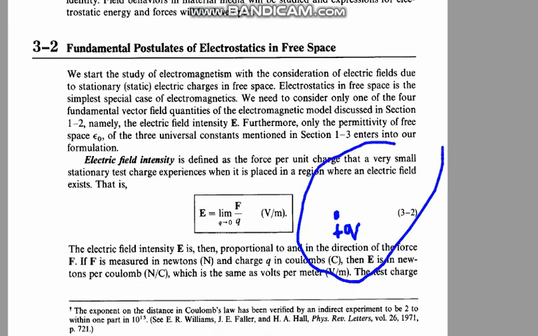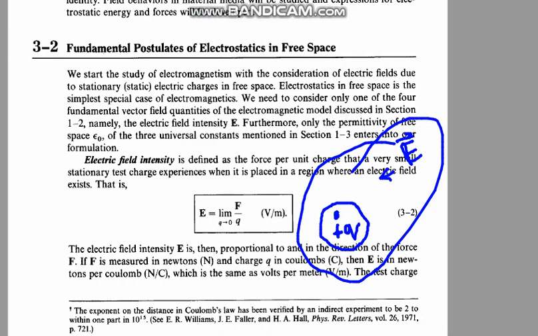There is a place, and this place has an electric field, and at that point, it is defined as the force per unit charge that a very small stationary test charge experiences. That is a small stationary test charge that experiences the electric force per unit charge in a region where an electric field exists.